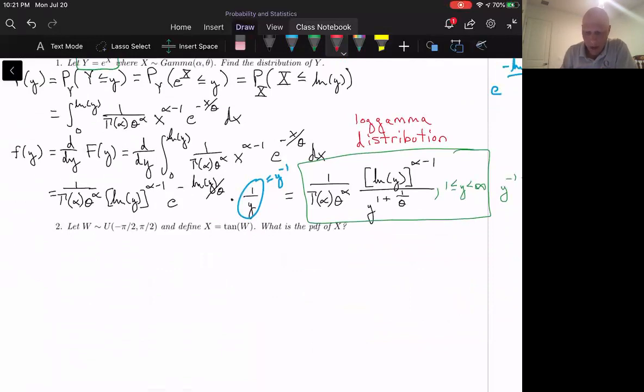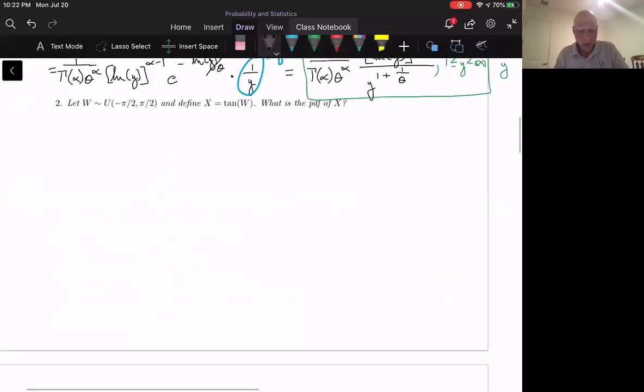So let's take a look at problem 2, just so you get more examples under your belt. W here has a uniform distribution from negative pi over 2 to pi over 2. And we define x as tangent of W. We want to know what is the PDF of x.